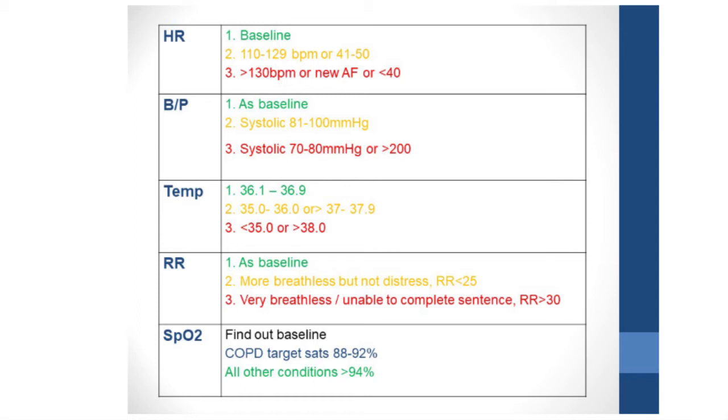So again, you need to take into account the respiratory rate in the full clinical picture. And then lastly, if you do have a SATS monitor with them, try to find out their baseline SATS. Normally our target SATS range for somebody with COPD would be 88 to 92%, and for all other conditions it would be greater than 94%.